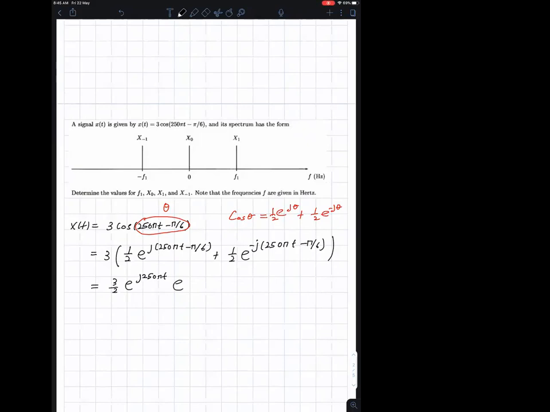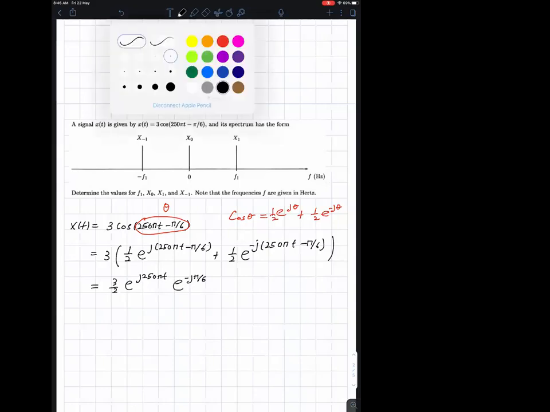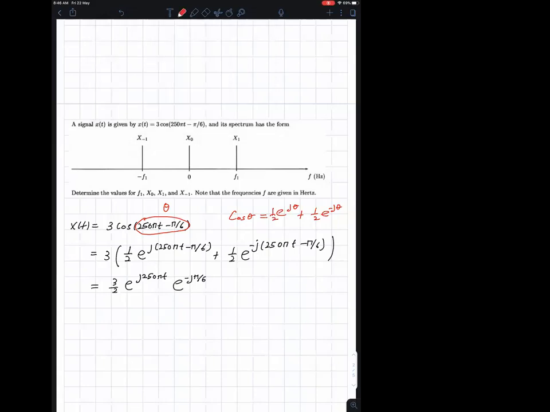And the other part is the phase part, e to the power of minus j pi over 6. So this is the frequency part. You get that very clear here. This is the frequency part. This is the amplitude and phase.